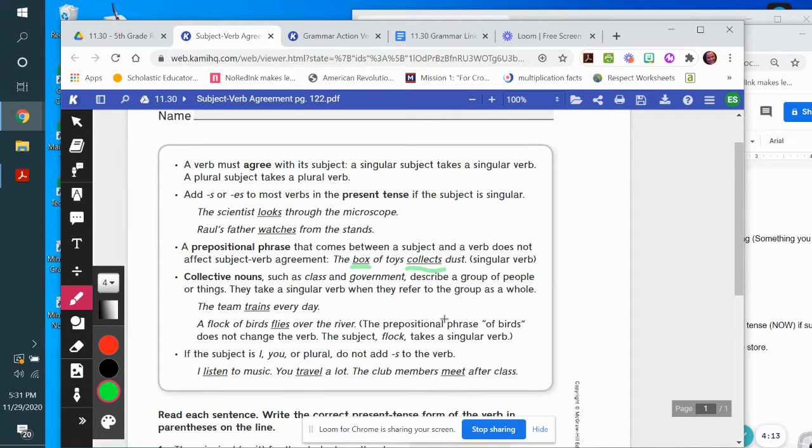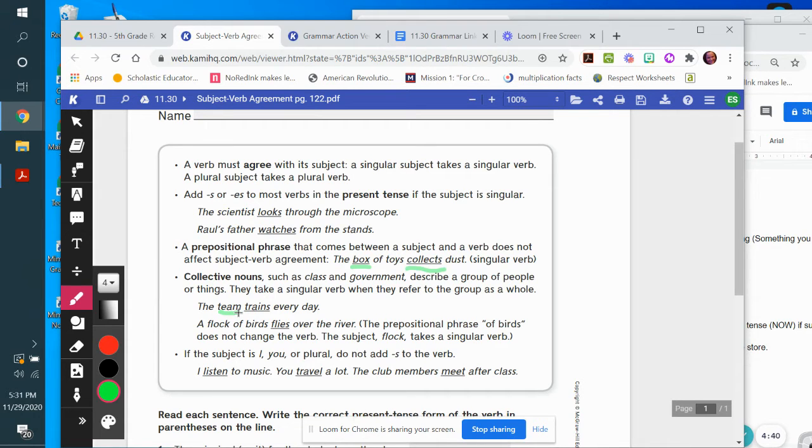And then finally, are you ready? Collective nouns. We have talked about these before when we were talking about nouns. Collective nouns are like a group of things, such as a class or government. They describe a group of people or things, and they take a singular verb when they refer to a group as a whole. So the team, you all know team is a collective noun because there's more than one person in it.